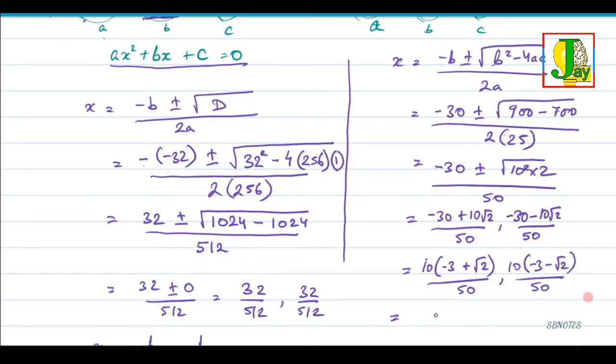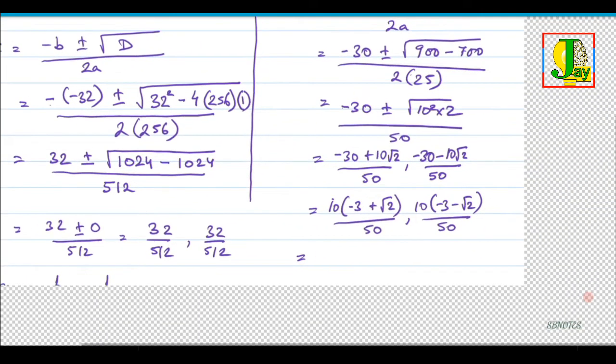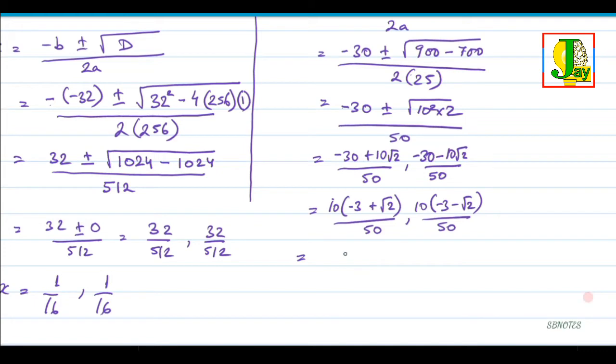So we get two solutions. 10 goes 5 times, so minus 3 plus root 2 by 5 and minus 3 minus root 2 by 5. So those are the two solutions or roots for the given equation.